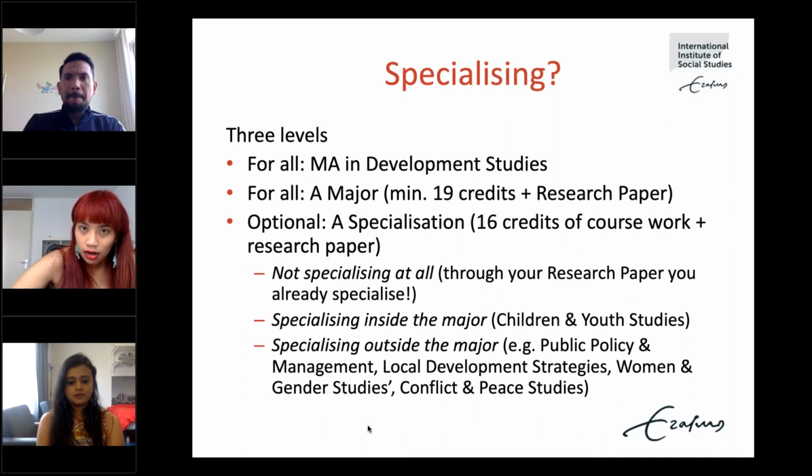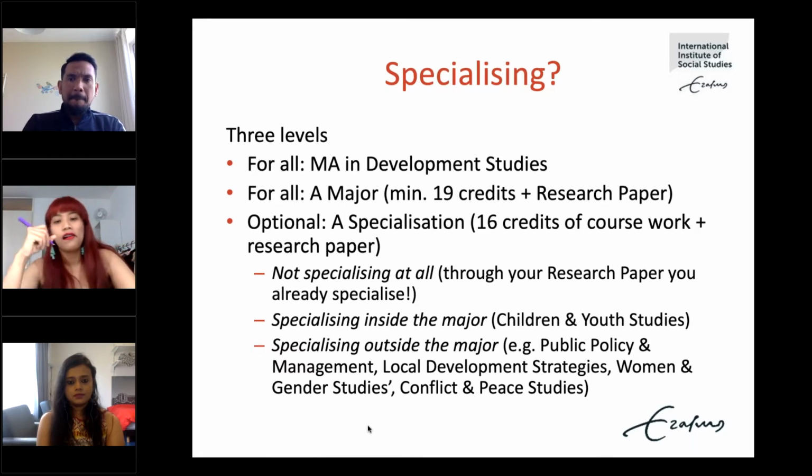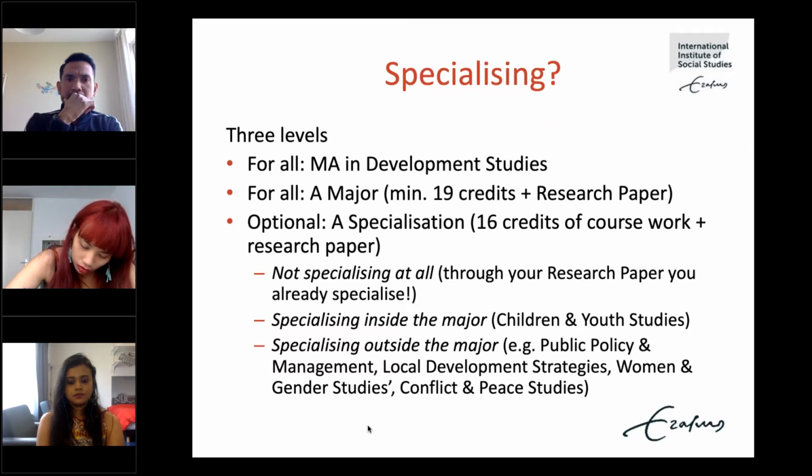We also have a specialization called Women and Gender Studies, and Conflict and Peace Studies is another option. Those are just a few examples of what SPD students sometimes specialize in, although there are a few others as well, and you can see that in the course catalog from any of the 5 majors. Each major has 1 or maybe 2 different kinds of specializations.